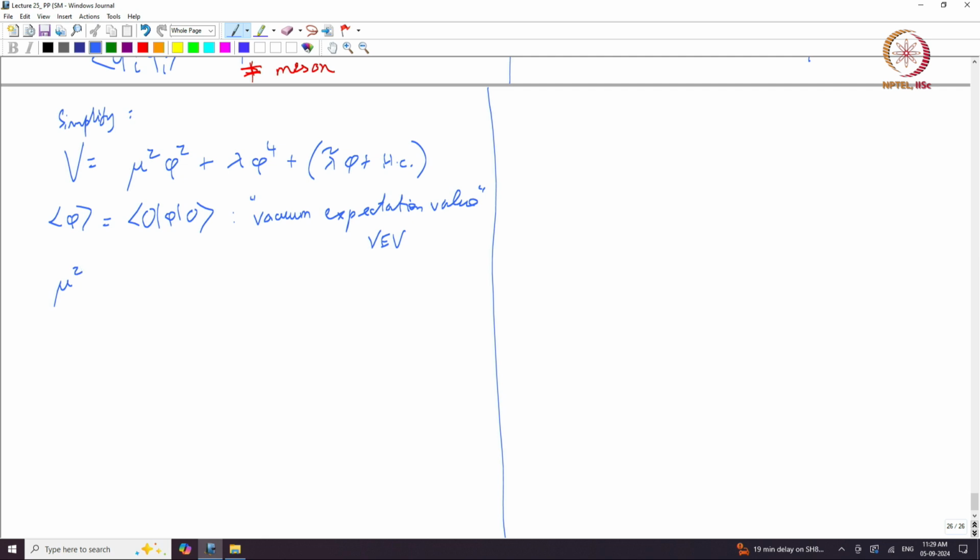So, what happens at the minimum? Let us first write down the condition for the minimum. Now I am not going to write the Hermitian conjugate. So, that is the condition, right.